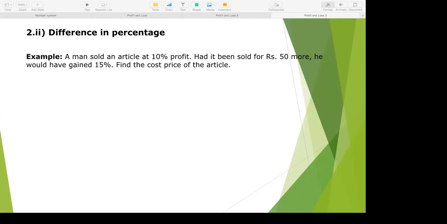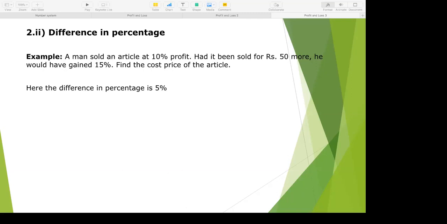So let's try to look into the solution. Here, the difference in percentage is 5%. How come? Initially, he sold the article at 10% profit. Had it been sold for rupees 50 more, the gain would have been 15%.